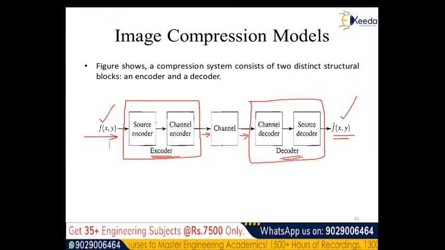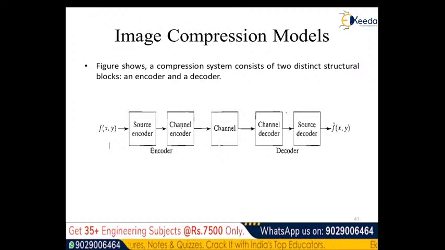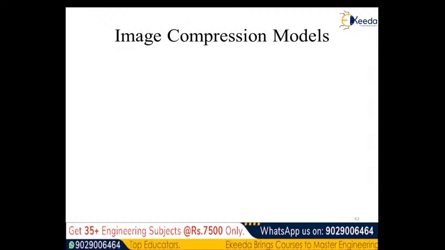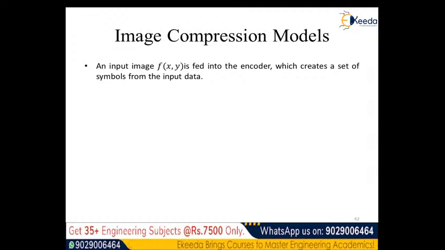What is inside the encoder and decoder, we shall definitely see. The encoder is basically the source encoder plus the channel encoder. For the decoder again we have the channel decoder and the source decoder in two blocks. So this is the simple image compression model. We are going into more details as well. I have already made it clear that the input image represented by f of x comma y is given as input to the encoder block, which is the source encoder plus the channel encoder.